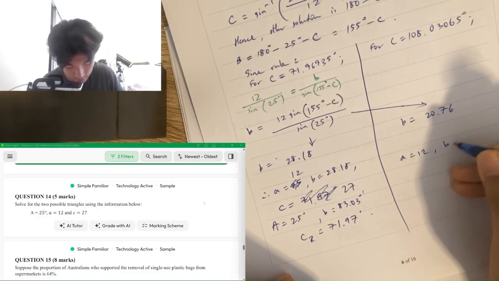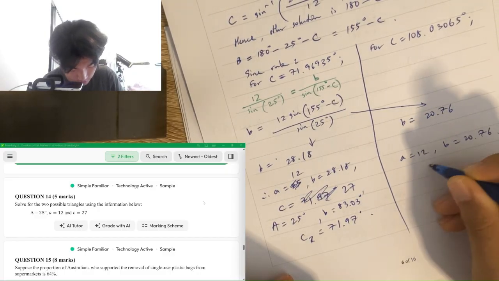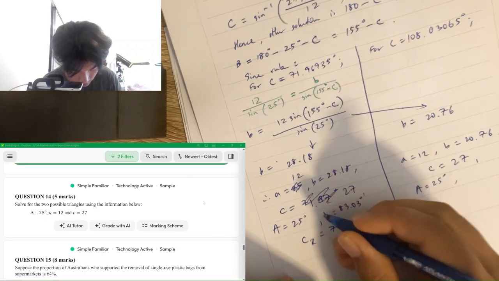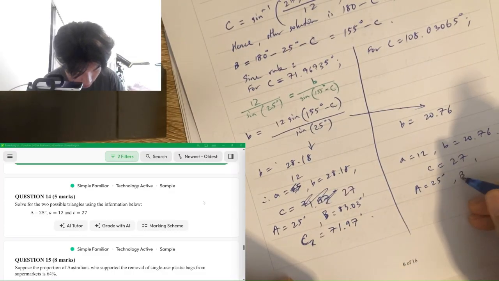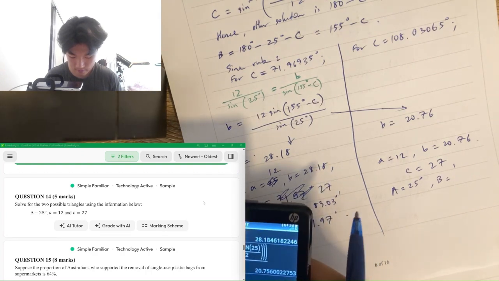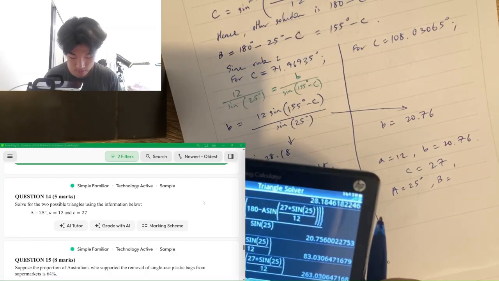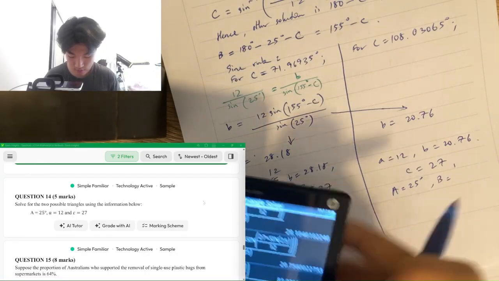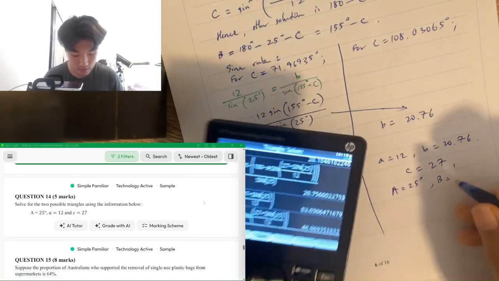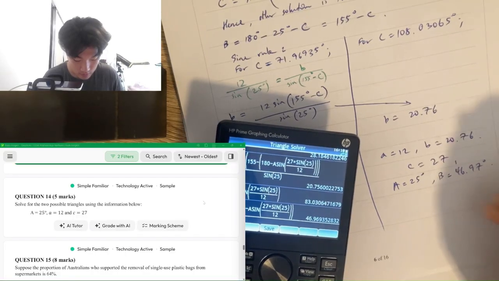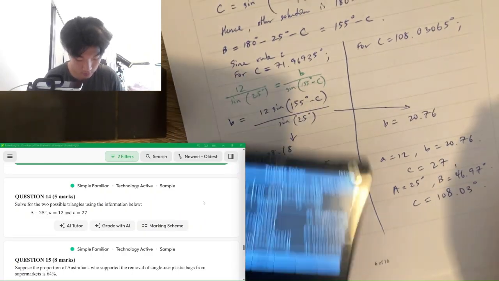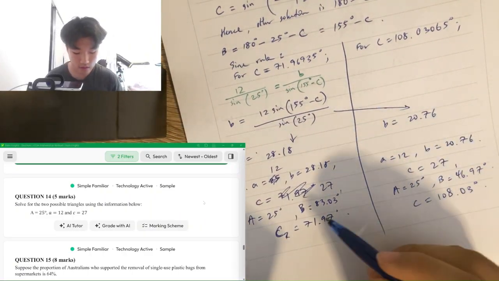A equals 12, B equals 20.76, C equals 27, A equals 25 degrees. These are meant to be capitalized. B equals, no, I messed something up. 155 minus brackets 46.97 degrees. C equals 108.8. See how these are like mirrors, like the decimals?